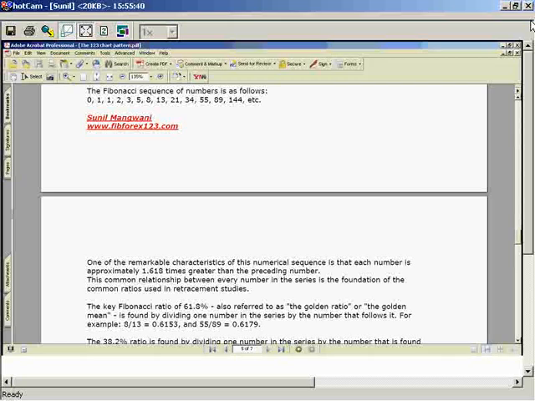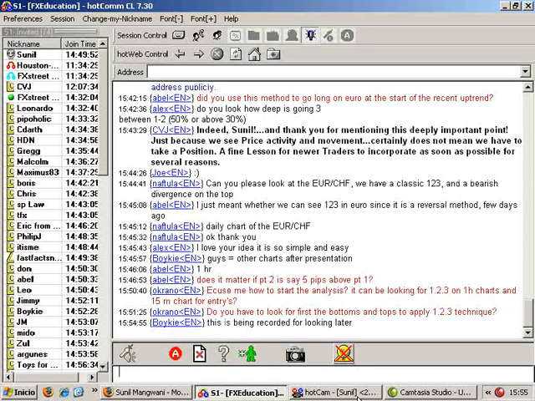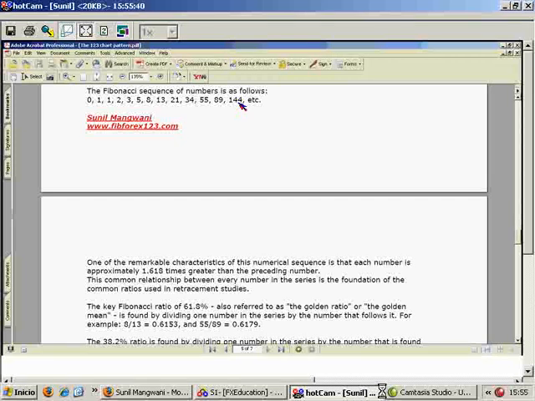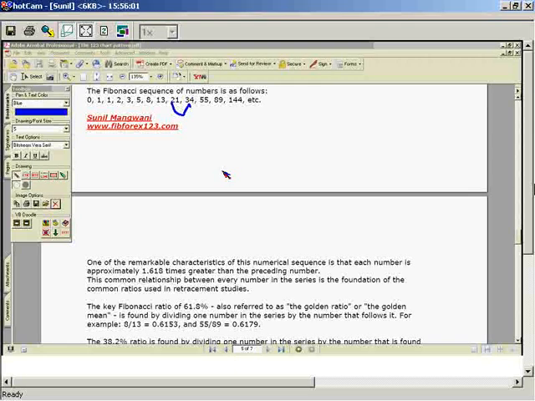So if you divide 55 by 34, you will get approximately 1.618. 144 by 89 is 1.618. 13 by 8, 1.618. The other way around, if you divide 21 by 34, you get 0.618. 2 divided by 3 will give you 0.618. 89 divided by 144 will give you 0.618.